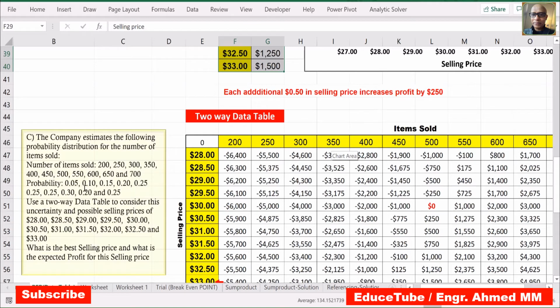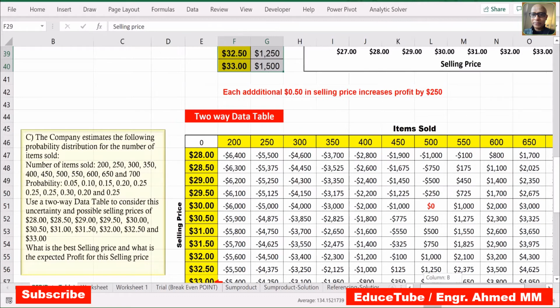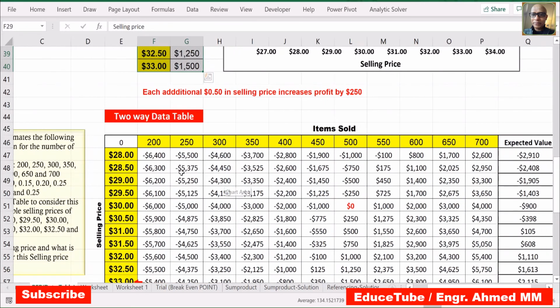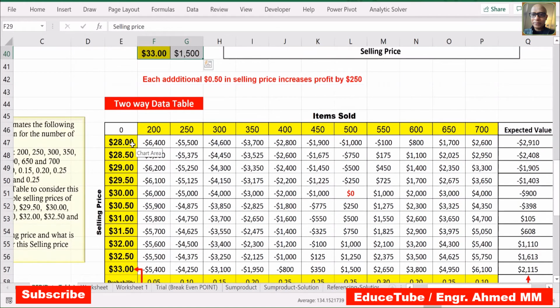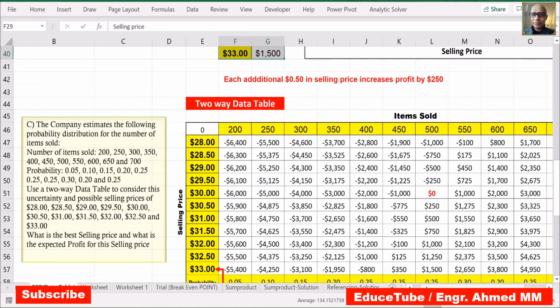So what does the question say? The company estimates the following probability distribution for the number of items sold. The number of items sold is already the same as the previous one we have seen, 200 to 700, and the selling price will be the same, 28 to 33 dollars.